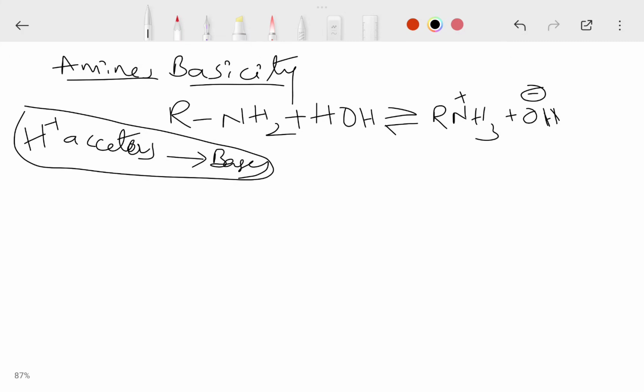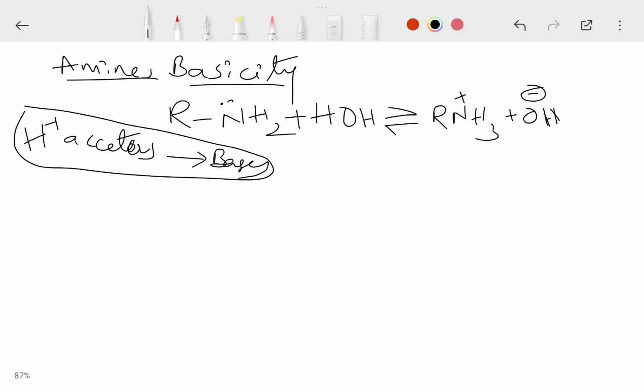In amines, the nitrogen atom has a lone pair of electrons. This lone pair of electrons is donated to other electron deficient substances and hence it acts as a base.